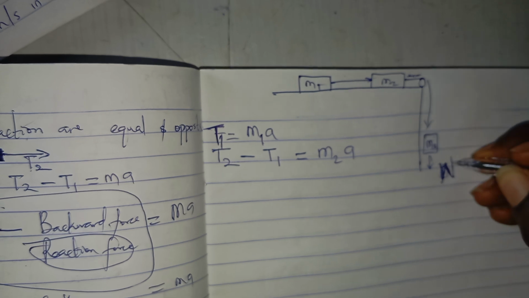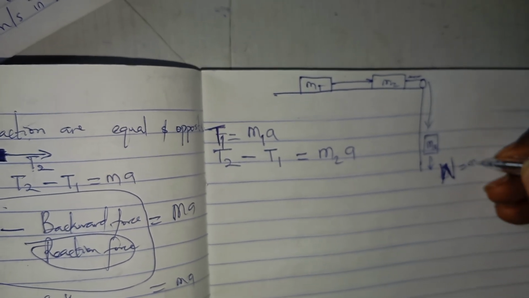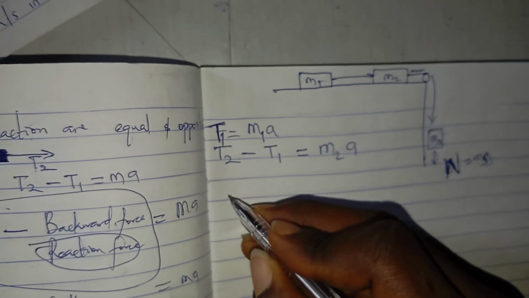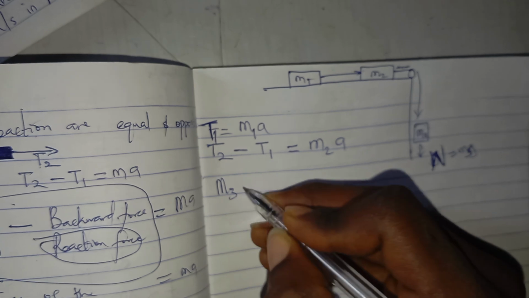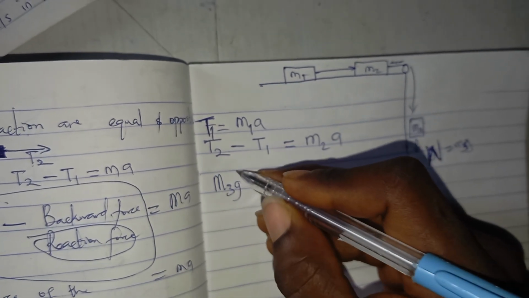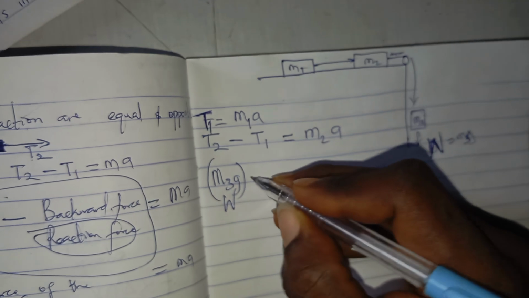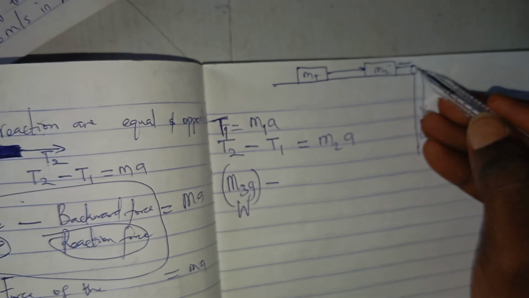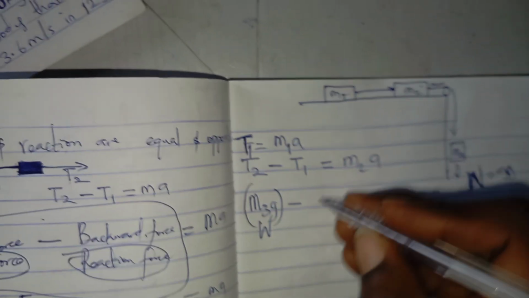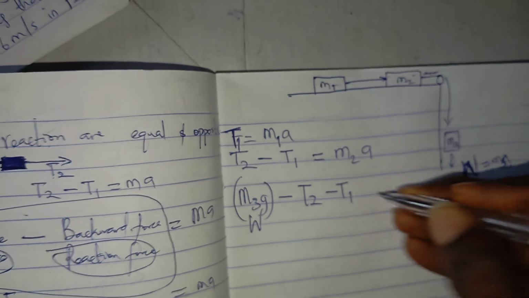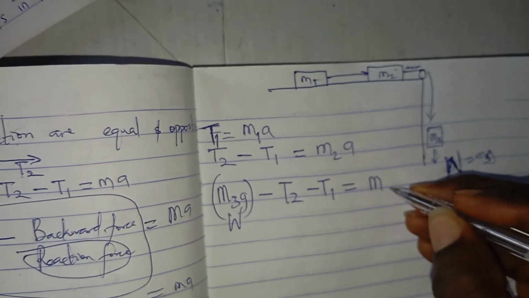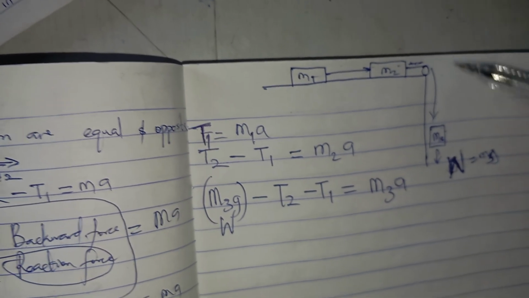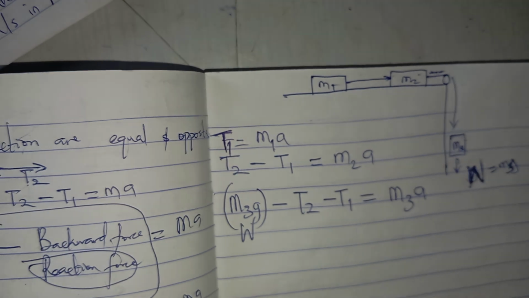The weight is equal to mg, and the mass here is 3, the third mass. So I have m3g, the weight, minus this one's force. As it's trying to go forward, this one will be exerting tension that wants it to go back. So minus T2 minus T1 equals M3A, the mass times the acceleration it will go through.